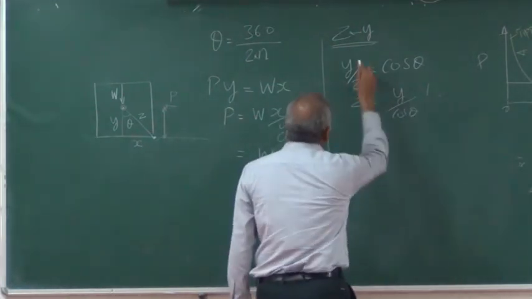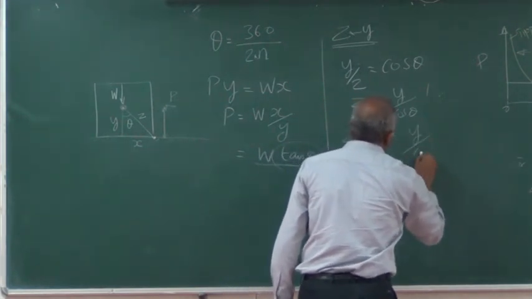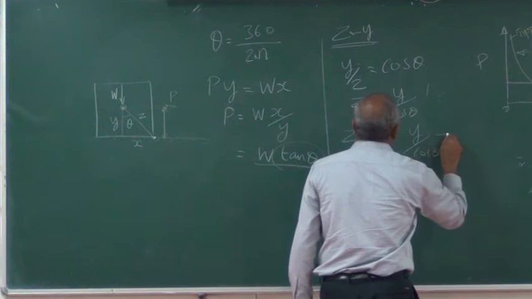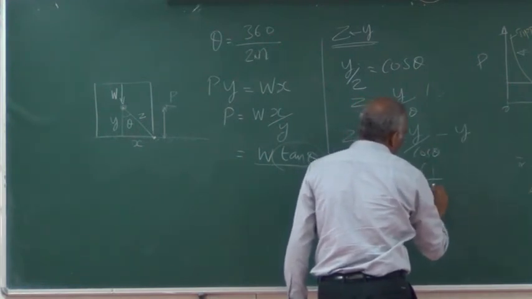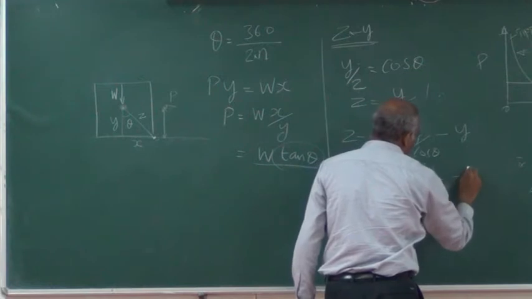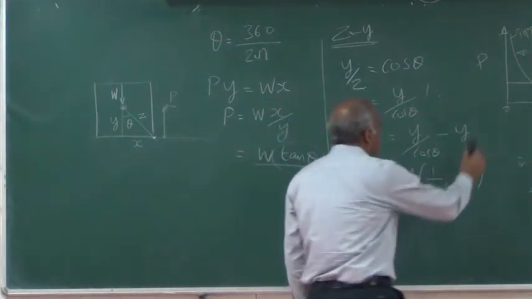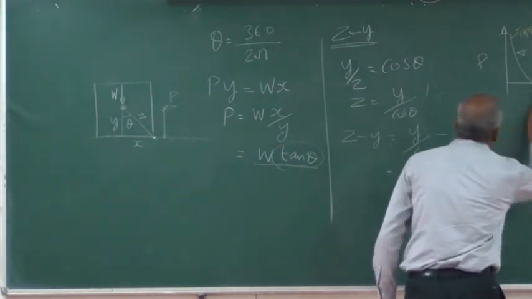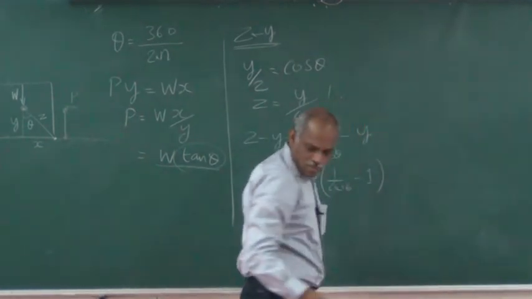So Z minus Y is going to be Y by cos theta minus Y. I take Y outside, Y times (1 by cos theta minus 1).